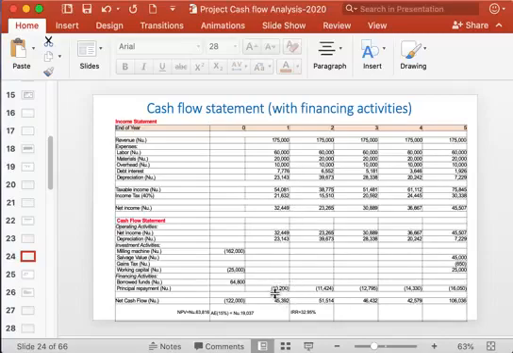So this is the principal amount that we pay at the end of the first year.